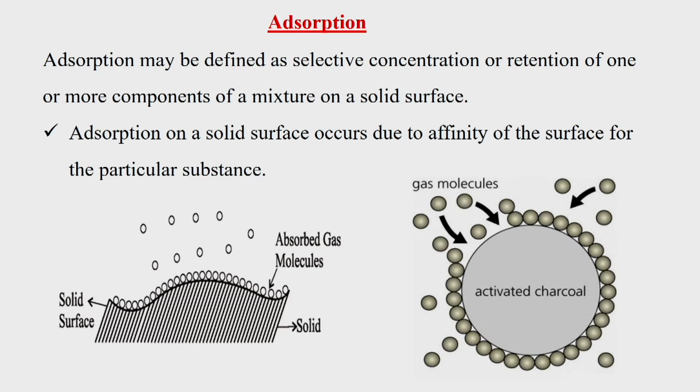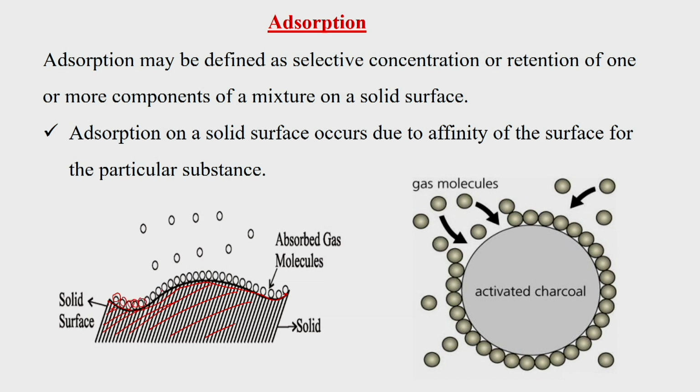But now we will be discussing a new separation process, that is adsorption. Adsorption is defined as the selective concentration or retention of one or more components of a mixture on a solid surface. Like this, if we say this is the solid surface, and at the outer surface of the solid, suppose gas molecules are trapped.